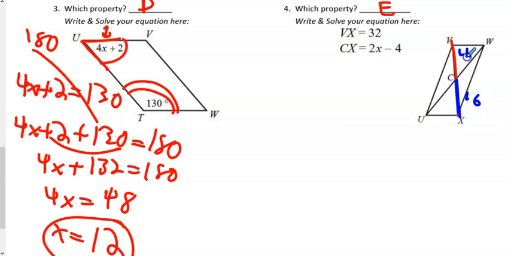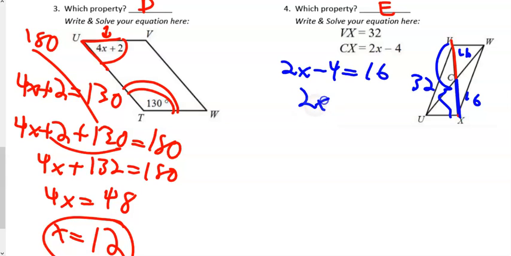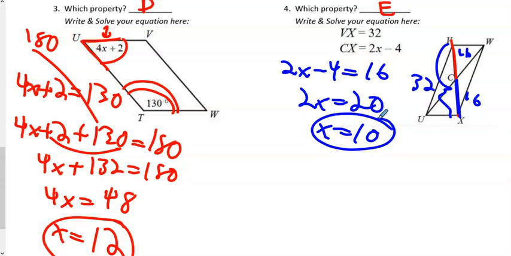And this is 16, which gives us 32. But we still have to find x. So we know 2x minus 4 equals 16. Half of the 32. Add 4, we get 20. Divide by 2, our answer is 10. And if we plug that in, 10 times 2 is 20, minus 4 is 16. Boom, we got it.